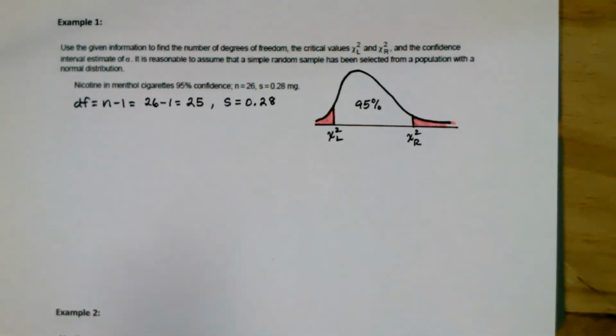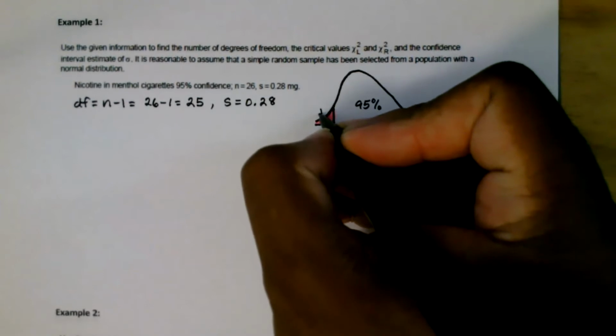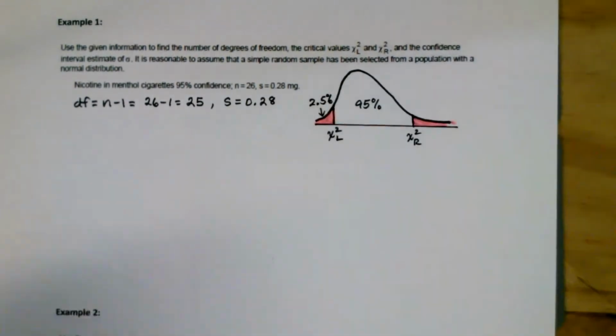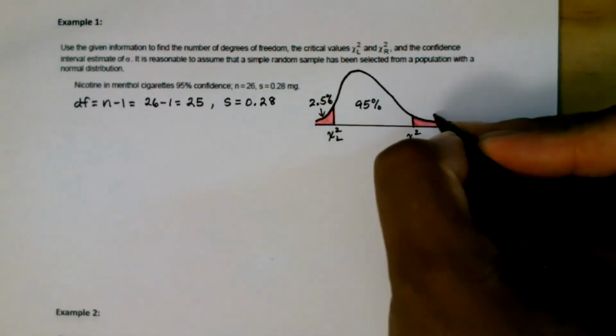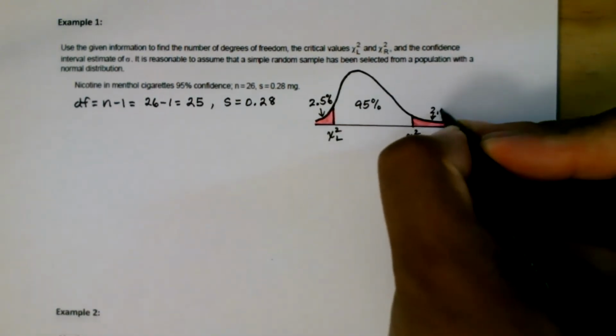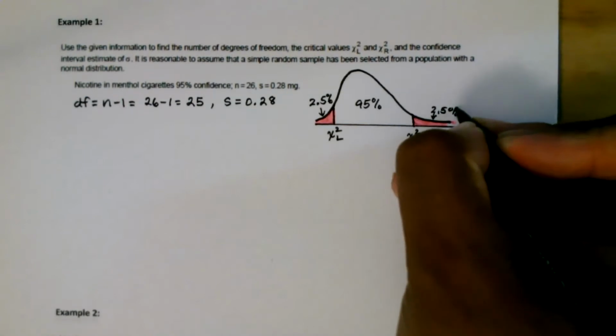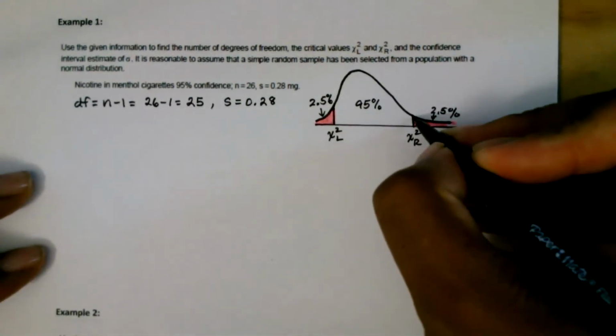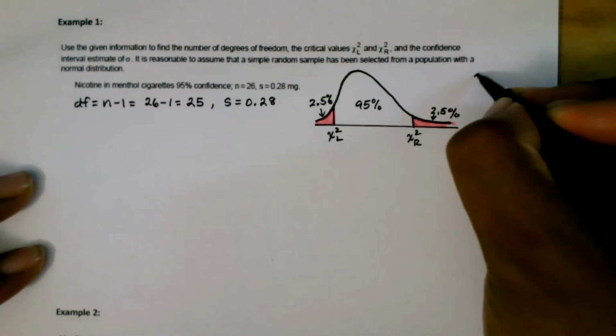So if I split 5% evenly, then this shaded area on the left is 2.5%. And this shaded area to the right is also 2.5%. All right, so this is where we're going to be using table A-4 in this case.